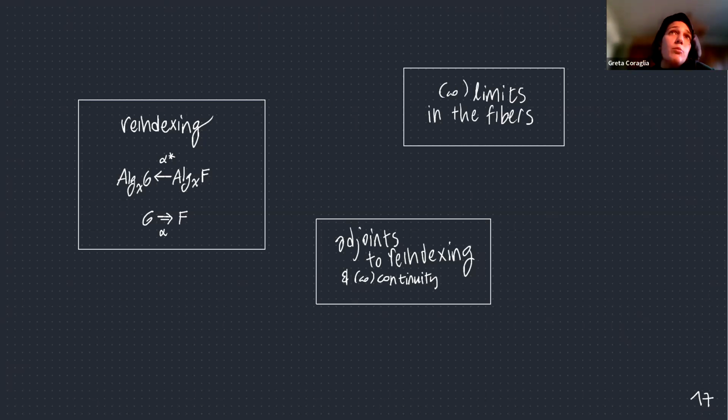Why? Because, for example, if one were to prove that a certain right adjoint exists, then one could follow the right adjoint and transport the limits along each reindexing. So these problems are all related, and we can use them to address bigger problems.